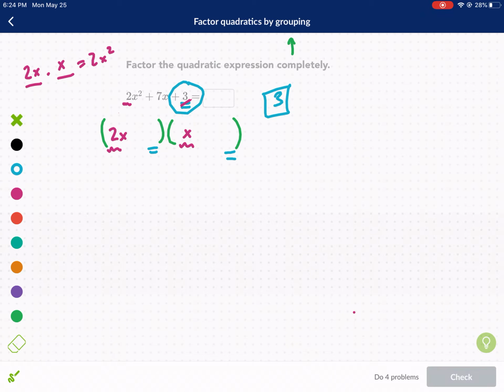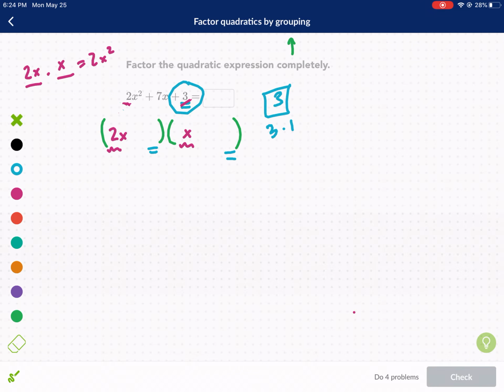Normally we say, what factors of 3 add up to give me my middle coefficient? But now we have a 7, and we know that factors of 3, 3 and 1, don't add up to 7. That's because you're getting help from this 2 here. This 2 is going to help multiply together to give you that middle coefficient. It's not pretty. So what I like to do is I put 3 and 1. 3 times 1 gives me those factors.